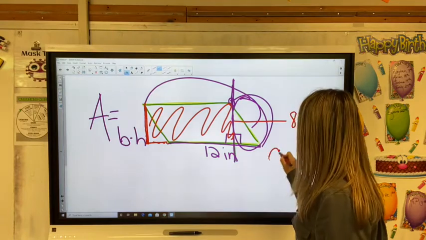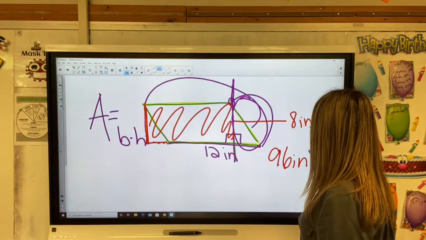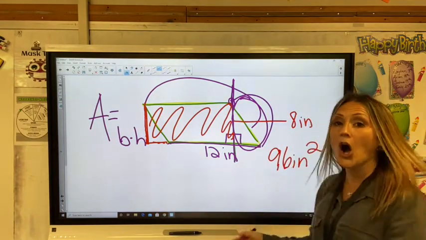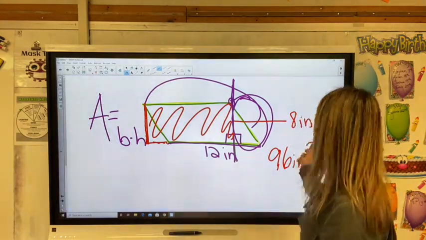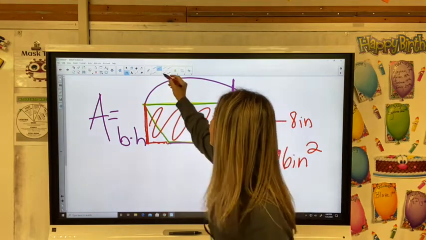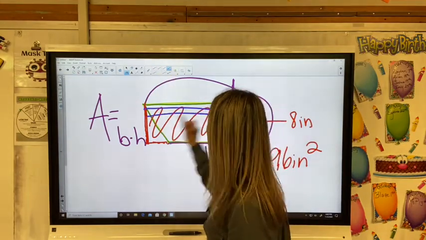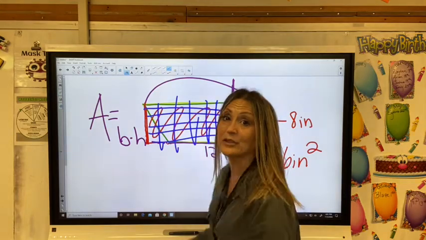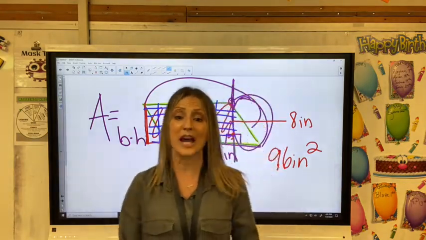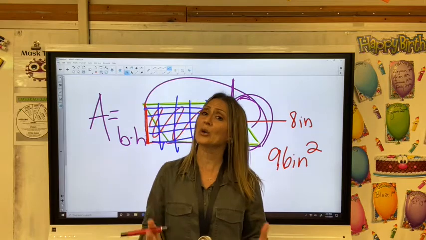And in this case, it's going to be 96 inches squared. Again, all area needs to be squared. When it's just standard area, it all needs to be squared because that means there are that many lines going across and that many going up and down. You must always square that.